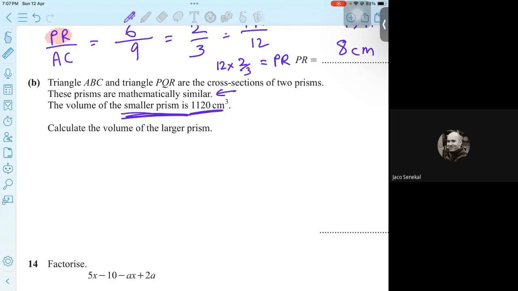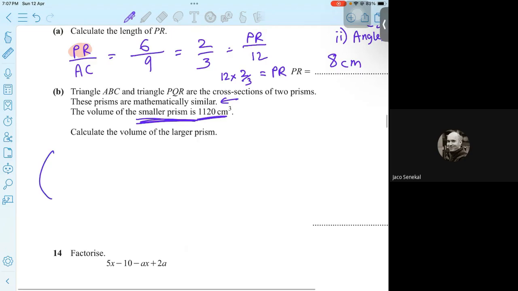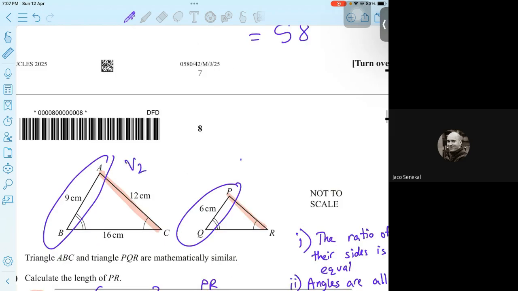In this question, we are going to use another property, which is for the volumes. If you compare the two volumes, let's name this volume 2 and this volume 1.